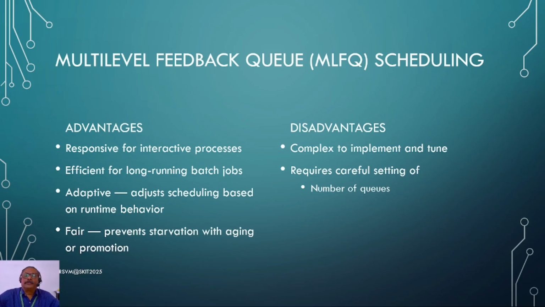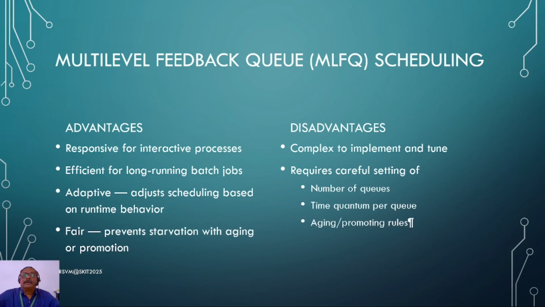If the number of queues is too large, we have one problem. If the number of queues is too small, then we miss the advantage of multi-level queue scheduling. If there are too many, deciding which queue comes first and which comes next is again a difficult thing. Then deciding the time quantum for each queue is another challenge in this type of scheduling.